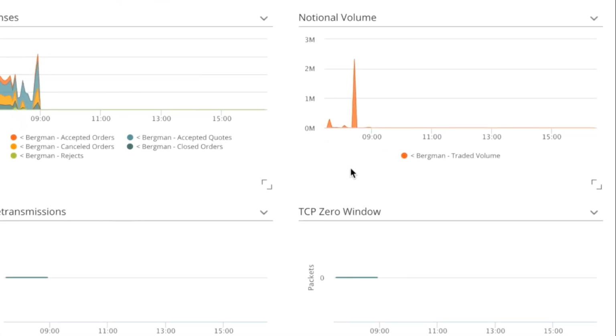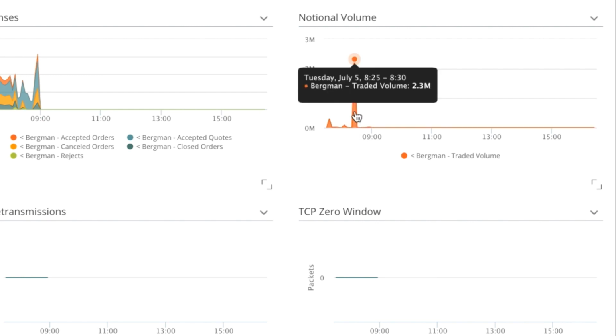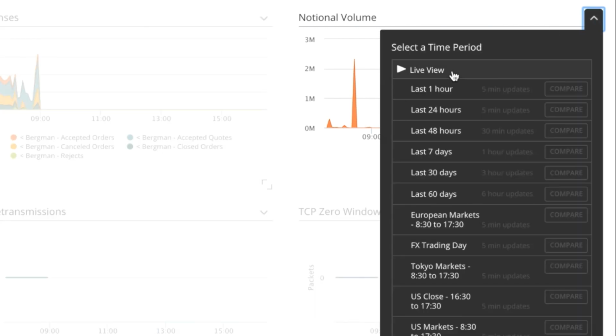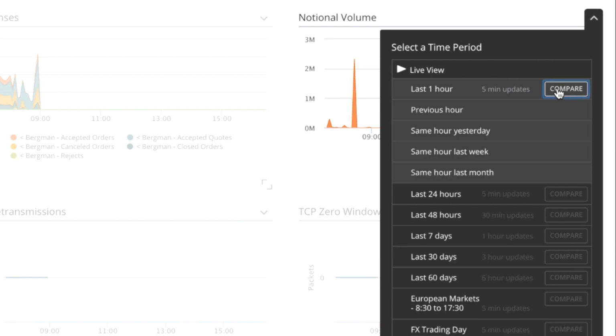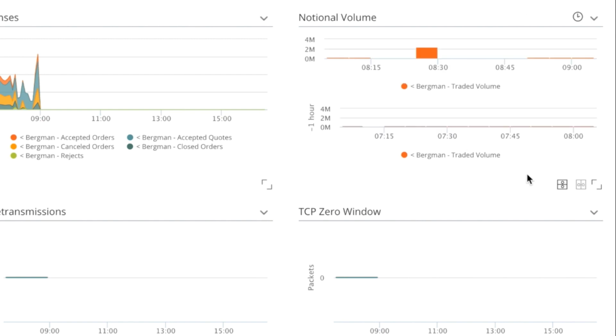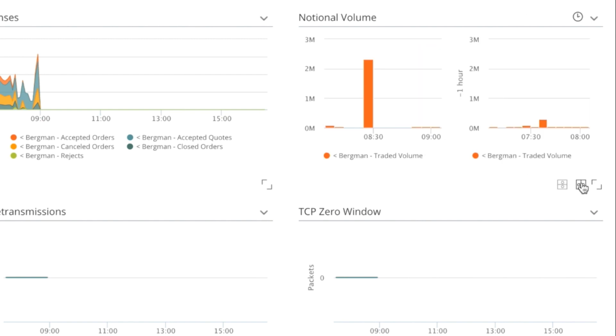The notional volume here is the actual traded volume, and we can see here just before 9 o'clock there was quite a large spike. Now, one thing we could do is if we wanted to maybe take a look at a previous time period as a comparison, maybe we'll look at the last hour and let's compare that to the previous hour, and this will give a sense of what's happening now and what's happening earlier this morning.